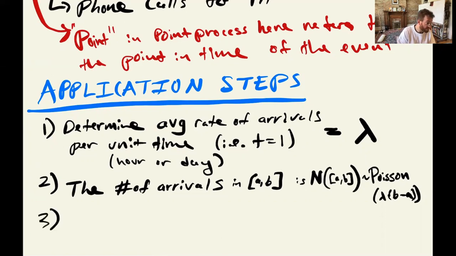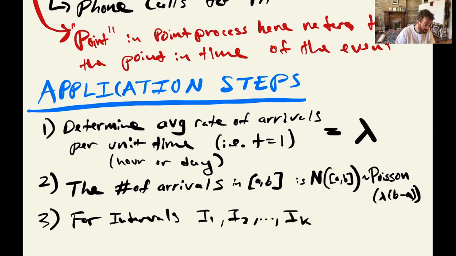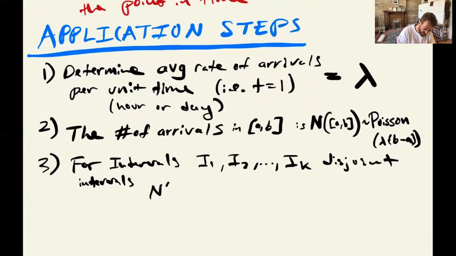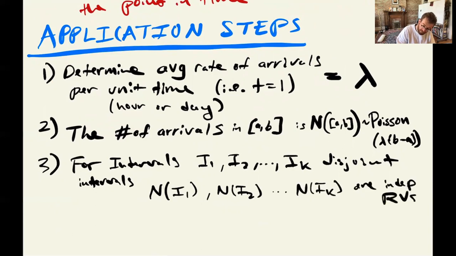The third observation is that for intervals I1, I2, up through IK, where all these are disjoint, so let's call these disjoint intervals, each of these N_I1, N_I2, N_IK are independent random variables.